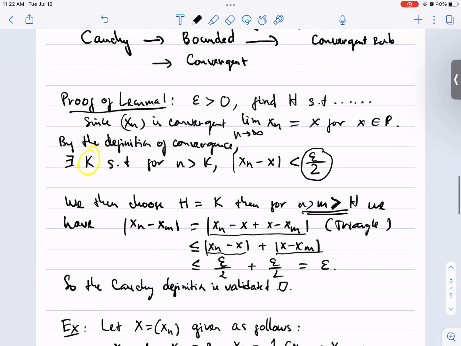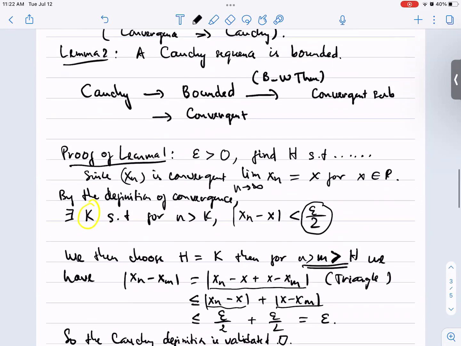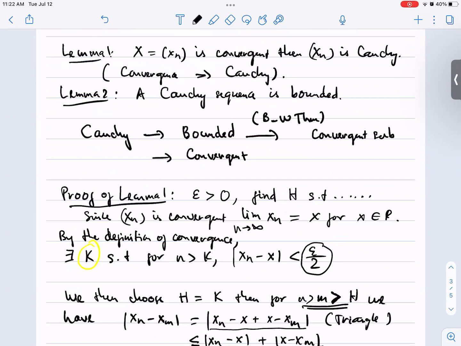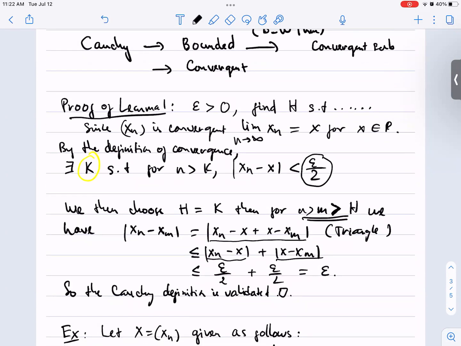Now let me explain the proof of the first lemma. We want to show that a convergent sequence is Cauchy. In order to do that, we need to validate the definition of a Cauchy sequence. That is, given epsilon greater than 0, we need to find h such that certain things are true.